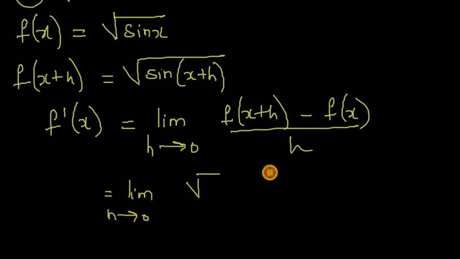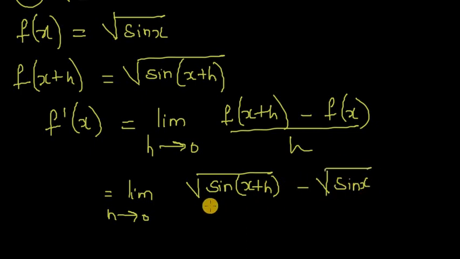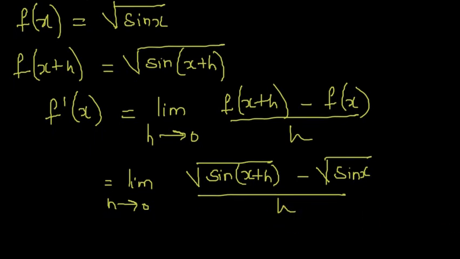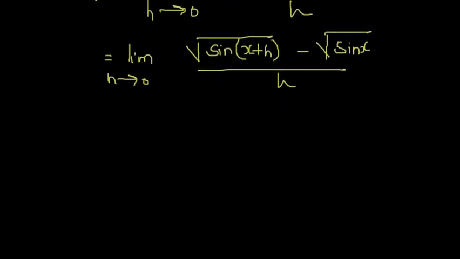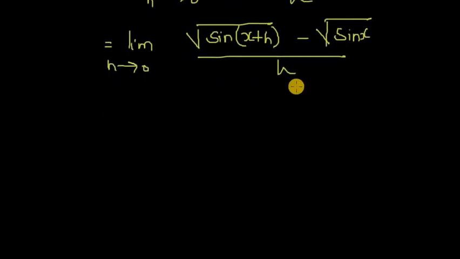Square root of sine x plus h. f of x is square root of sine x upon h. So for now we have just put the values of f of x plus h and f of x. Now what we are going to do, we will try to eliminate the square root sign over here and over here. How that can be done?